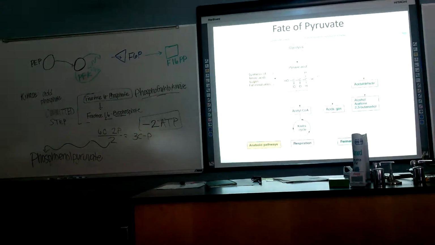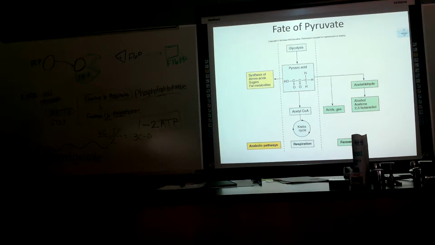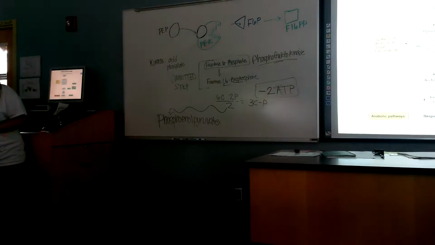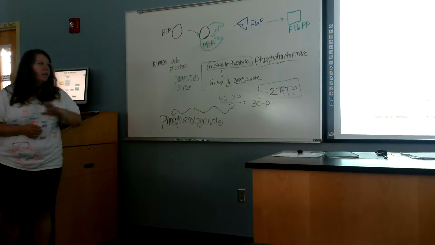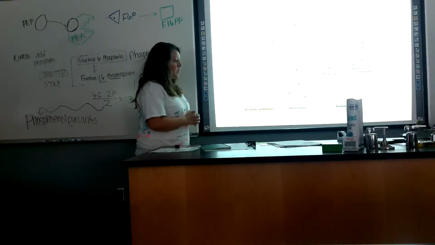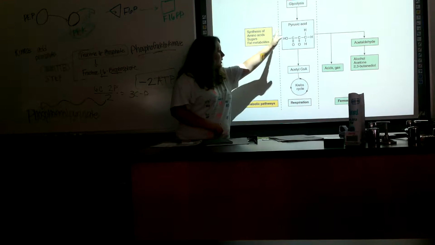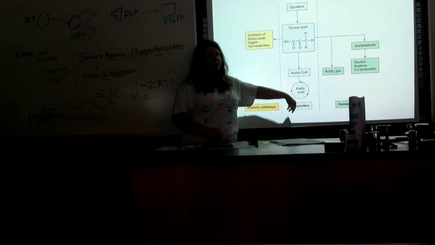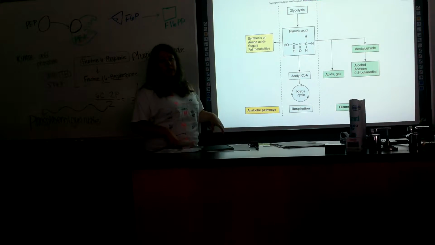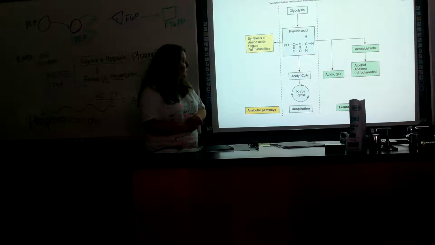Okay, so then from there, pyruvate has a lot of different fates. Pyruvate, the product of glycolysis, is an awesome metabolic participant. It has all different kinds of pathways that it can take to make different kinds of products. In the case of aerobic respiration or anaerobic respiration, we're going to follow that into the citric acid cycle and onto the electron transport chain.